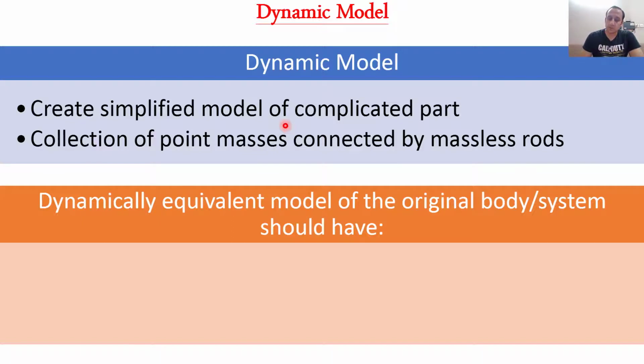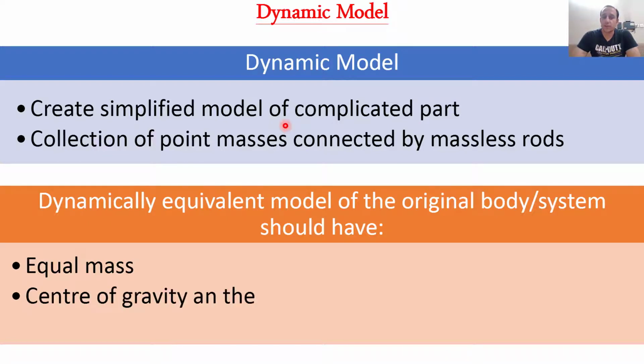There are three things which should be equal. Number one is the mass. The mass of the original system or original part should be equal to the mass of the dynamic model. Number two is the center of gravity: the center of gravity of the original system and the center of gravity of the dynamic model should be at the same location.